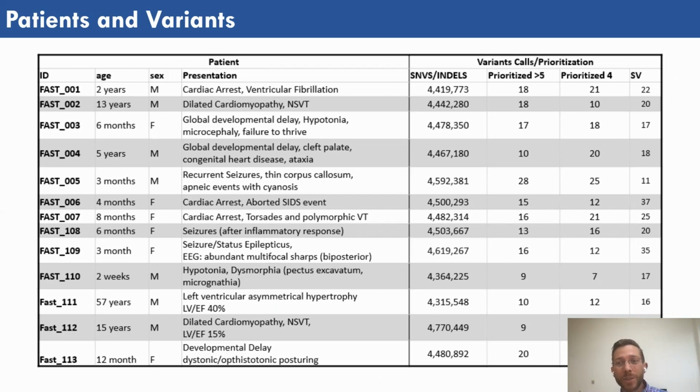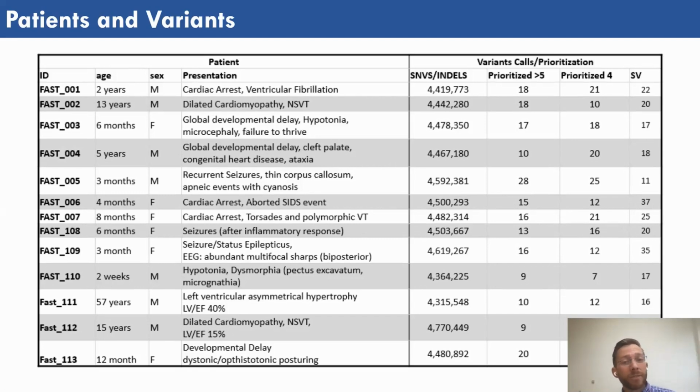So we took this pipeline that we developed. It took us a few months to put the architecture of this pipeline together. But initially, we enrolled a total of 13 patients that ranged anywhere from 2 weeks old to 57 years old. And they ranged in terms of their clinical presentations from having neurologic disease, so refractory seizures or developmental delays, or cardiovascular disease.